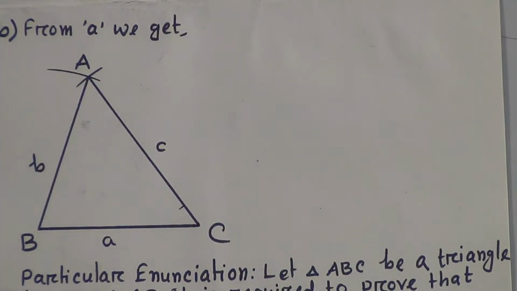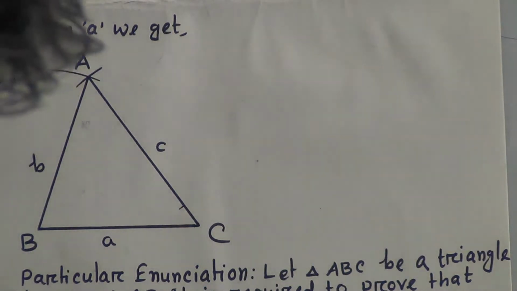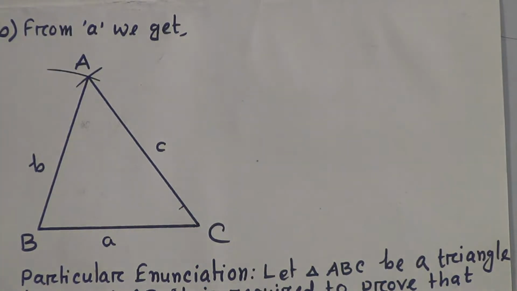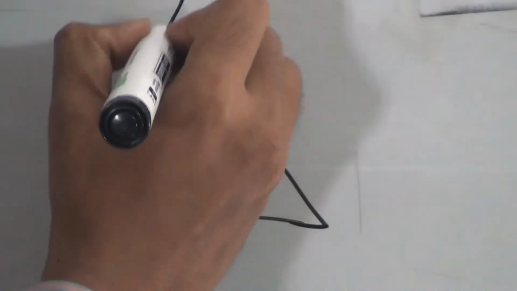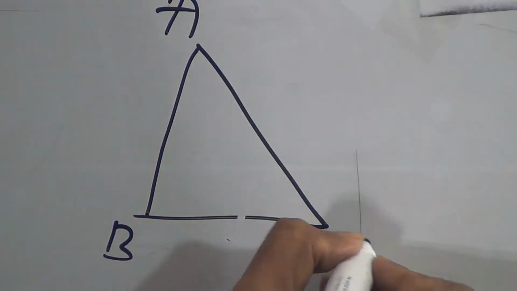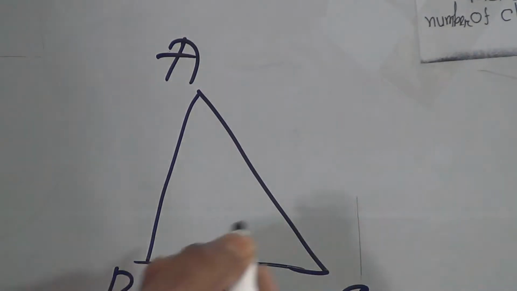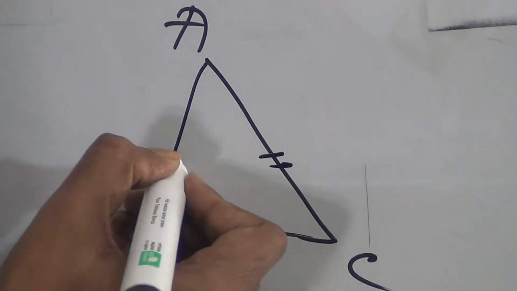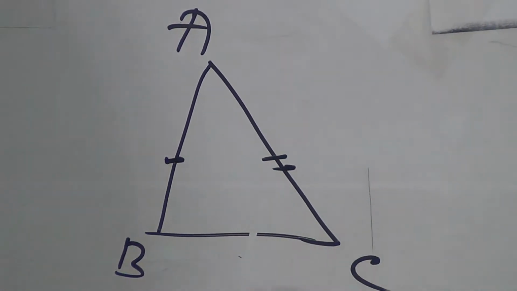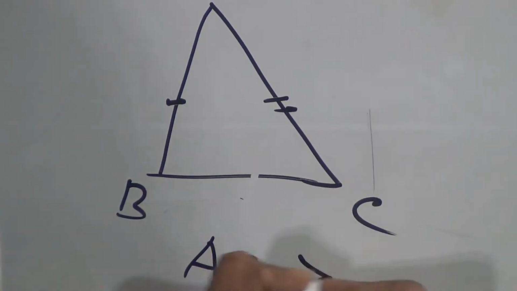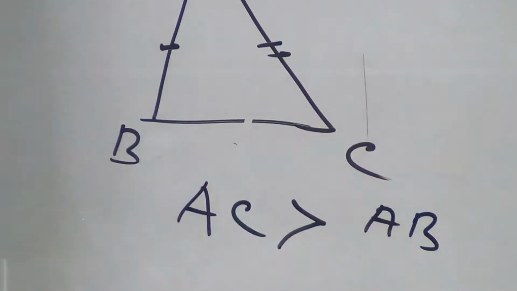Okay. Dear student, I think you didn't understand the question B number. Look, suppose ABC. Okay, AC is the bigger and AB is the smaller. Look, that means what? AC bigger, AB is smaller.